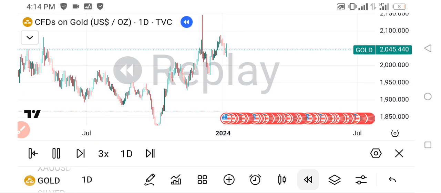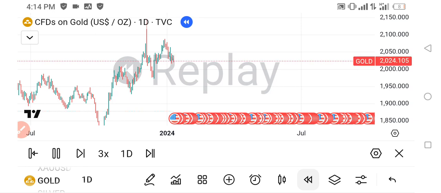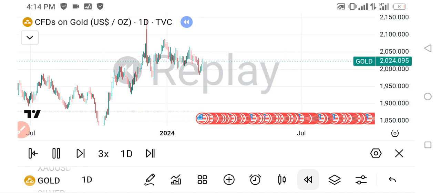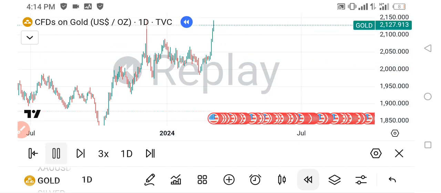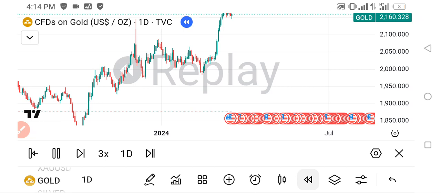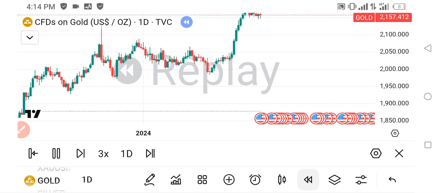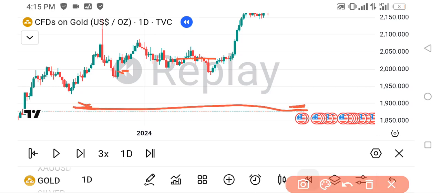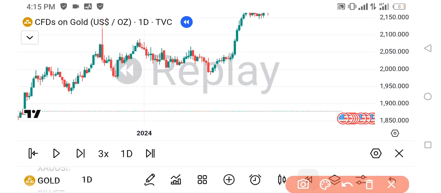Okay, you can see another pullback that happened there. As you can see, this was the last order block. This was the last order block here.